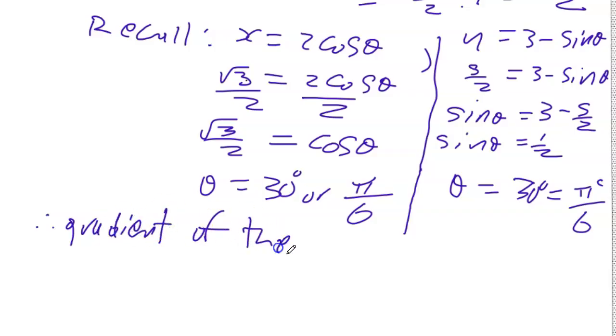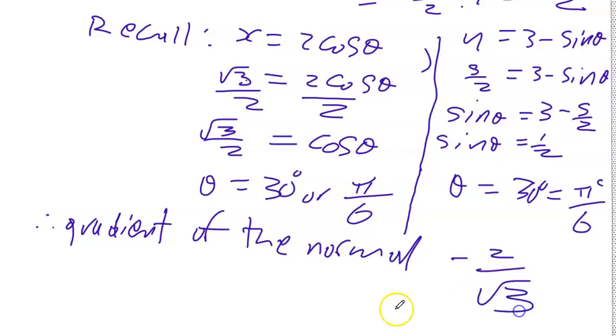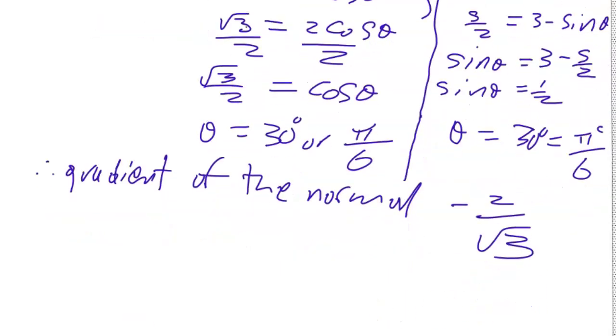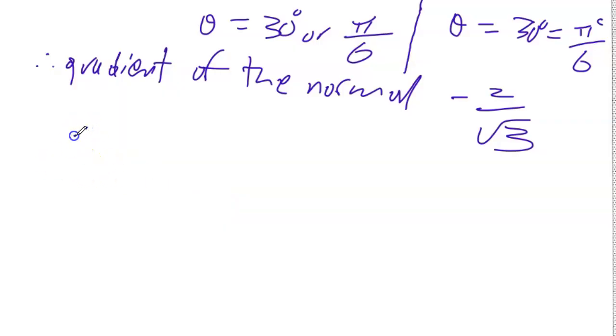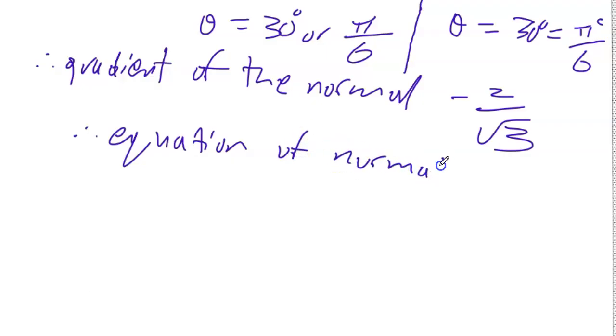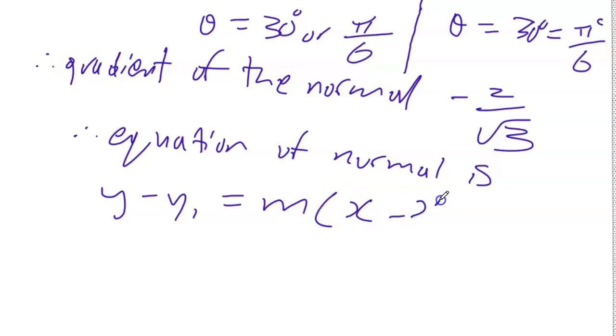So therefore, the gradient of the normal would be the negative reciprocal, right? Negative reciprocal of root 3 upon 2 would be minus 2 upon root 3. Which means that the equation of the normal is y minus y1 equal m into x minus x1.